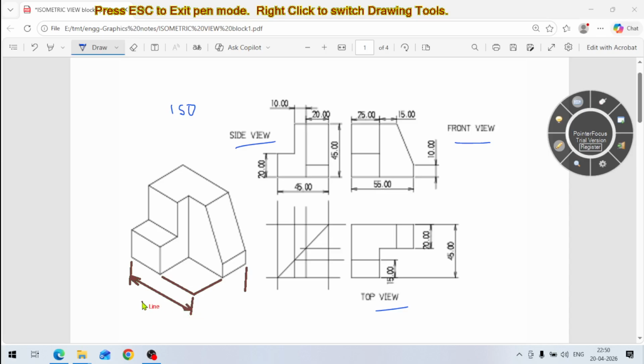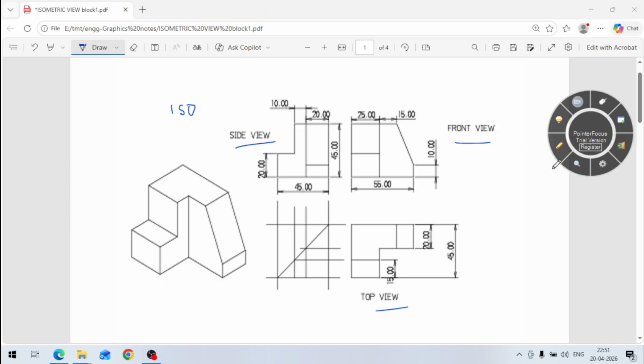So this dimension, how much is it? It is 55. For 55 I can add one text here like this.